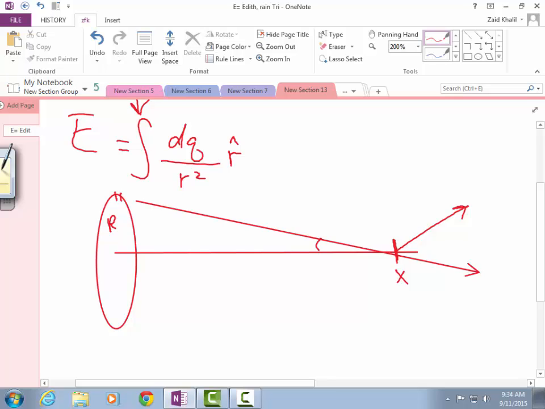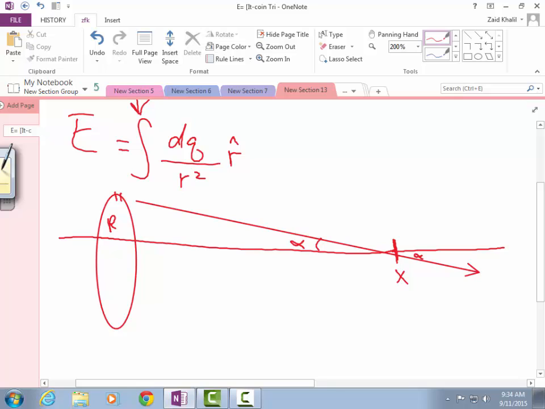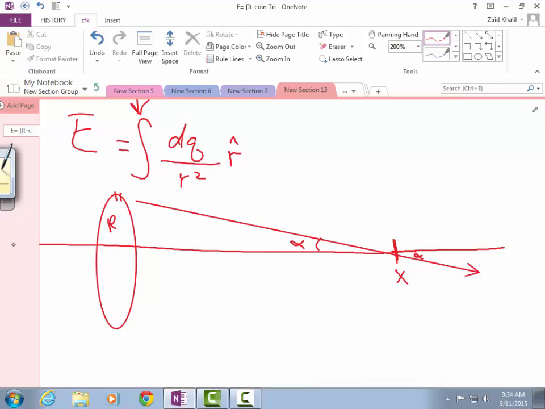So let's call this alpha, right? And so this angle's alpha and this angle's alpha. So we can just erase this angle and just look at this. How's that? Is that clear? So this is the dE, it points this way, right?